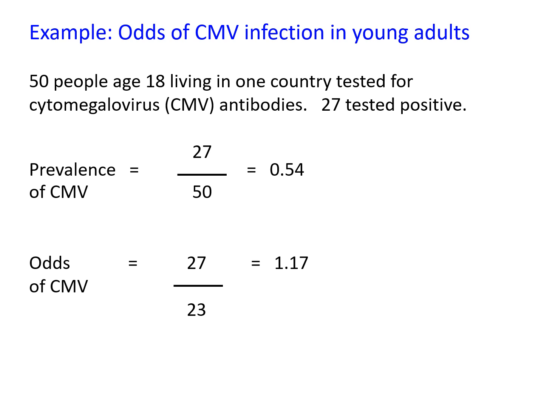So to take an example, going back to the CMV infection in young adults that we were talking about earlier, the prevalence of CMV, if you recall, was 0.54. The odds of CMV is 27 with CMV divided by 23 without CMV. So that's an odds of 1.17.